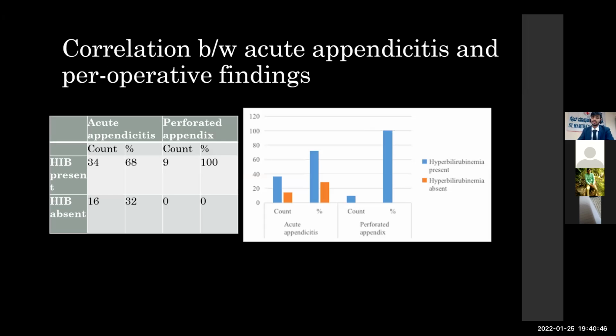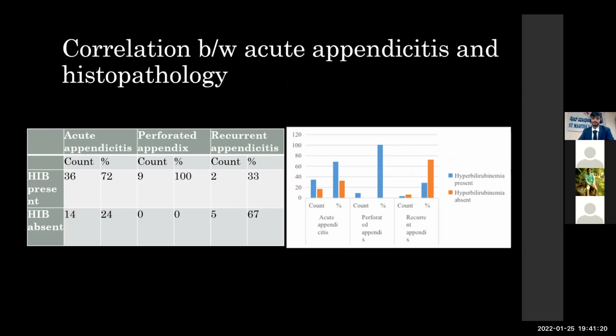By correlating the hyperbilirubinemia in acute appendicitis and peroperative findings, 68%, that is 34 patients diagnosed with acute appendicitis by intraoperative diagnosis had elevated bilirubin level of more than 1.2, and 32%, that is 16 patients, had normal serum bilirubin level. All 9 patients diagnosed as perforated appendix by intraoperative findings had elevated bilirubin of more than 2.2 mg per dl. That is, all the 9 patients had significant elevation in the serum bilirubin level.